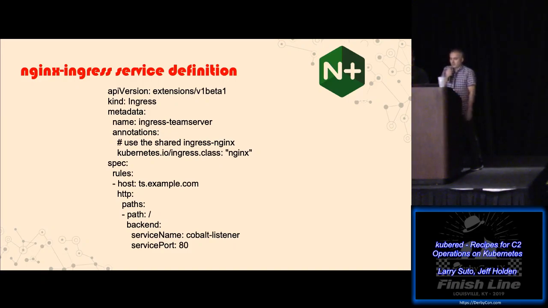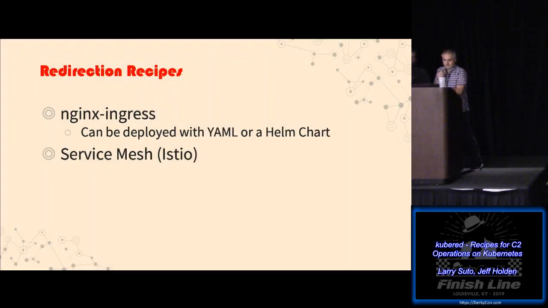And what this does is it says if something connects to this service that we set up as Cobalt listener, which is basically the Cobalt Strike team server, if something hits URL /, this is one without a malleable C2 profile, just route it directly to the Cobalt Strike team server.